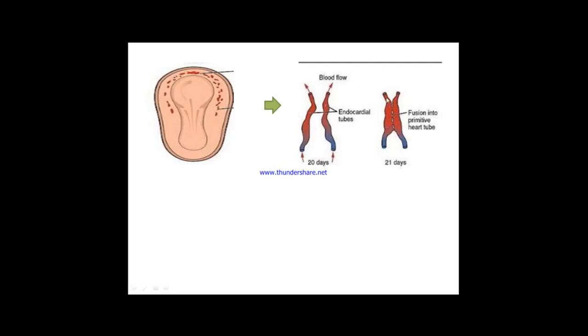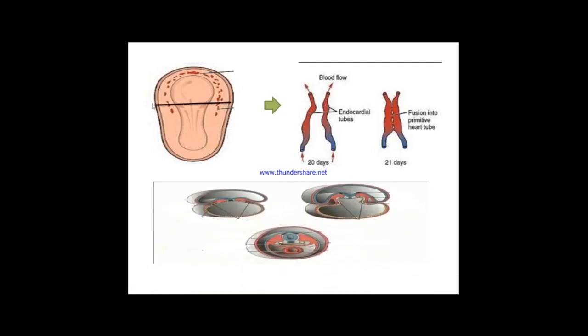Above we have the cephalic, arterial end or the outflow tract, and below, the blue one, we have the venous end or the inflow tract. Now if we do a transverse section in this, we see a picture like this. This is the initial stage where we have only the cardiogenic cells here.